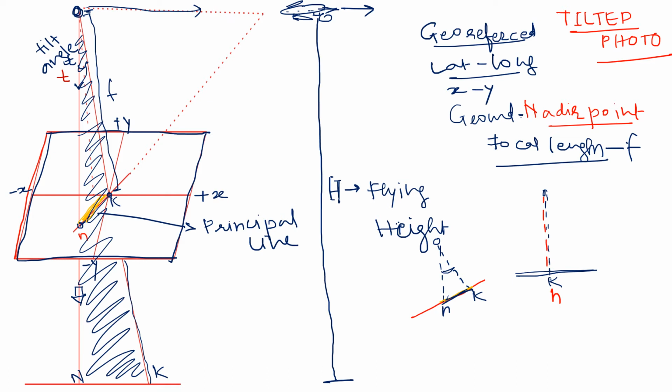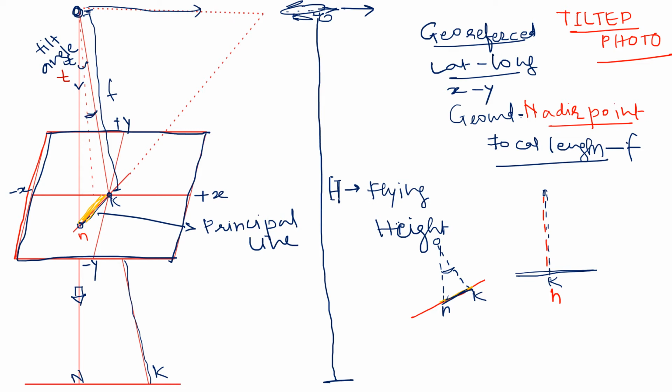Then I'll delete this so that you can clearly see. There is one more line, shown in dotted form, which bisects the angle ON and K, that is, it bisects the tilt angle into two equal halves.